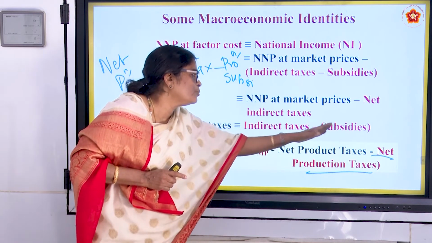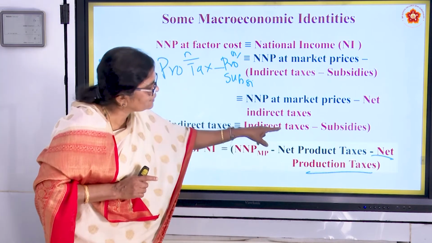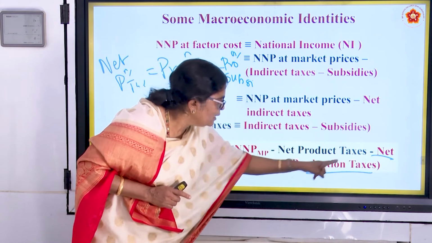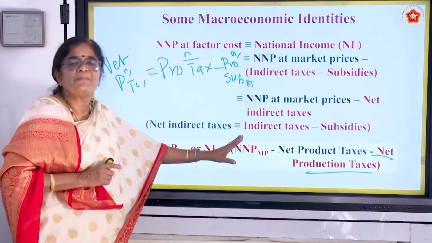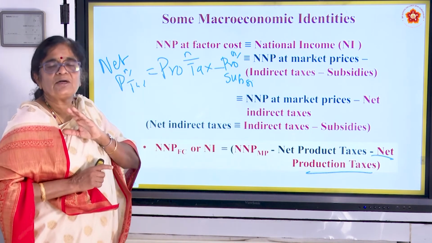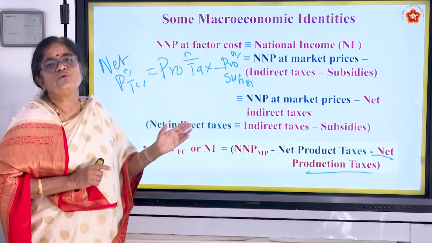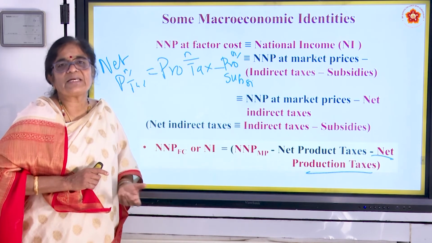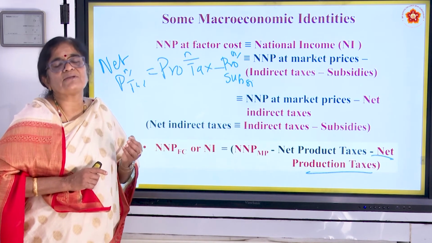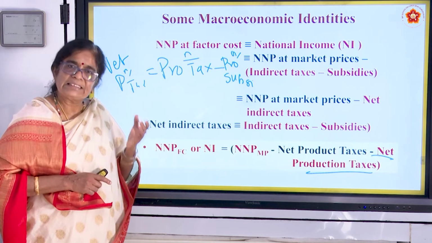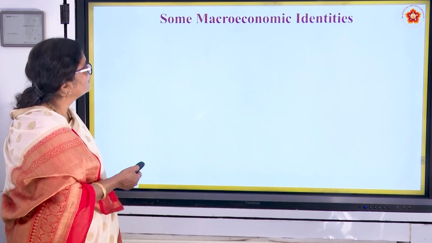Product tax minus product subsidy, what will you get? Net product tax. Production tax minus production subsidy gives net production tax. I hope you understood. Therefore, from NNP at market price, you deduct both the net production tax and net product tax, and you will end up with NNP at factor cost. NNP at factor cost, net national product at factor cost, is nothing but the national income of the nation. I hope you are clear.